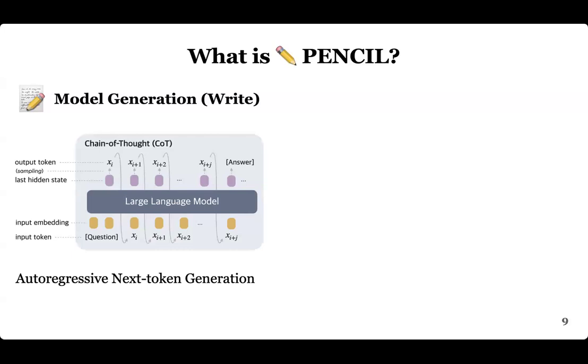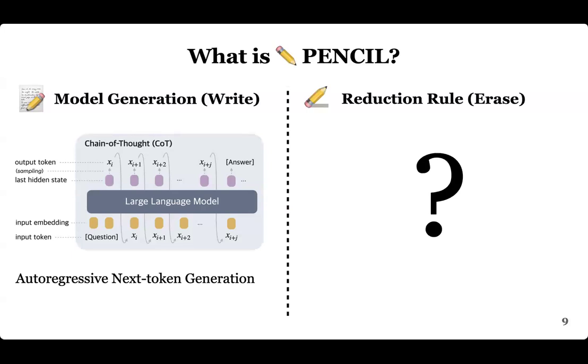But the key point of Pencil is that it can not only generate the thought but also erase the thoughts. But there is no such mechanism within the autoregressive next-token generation paradigm. So how do we do this?